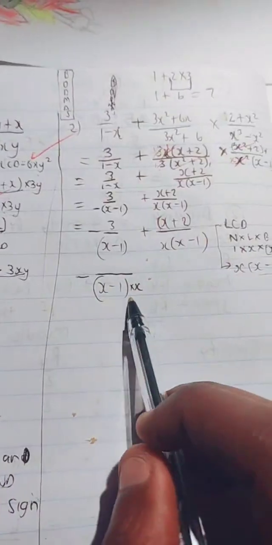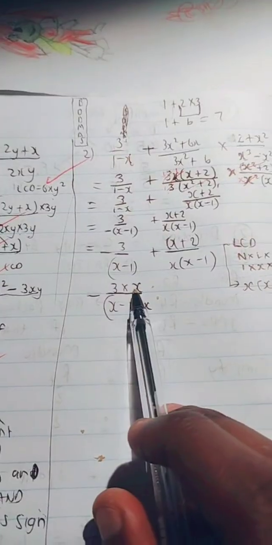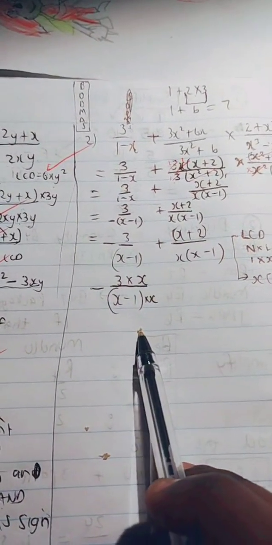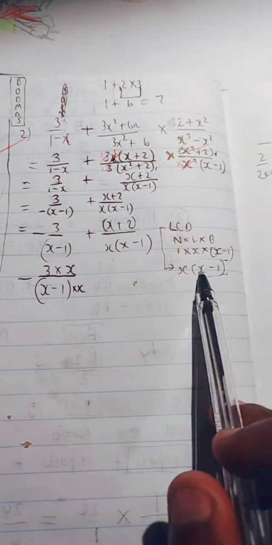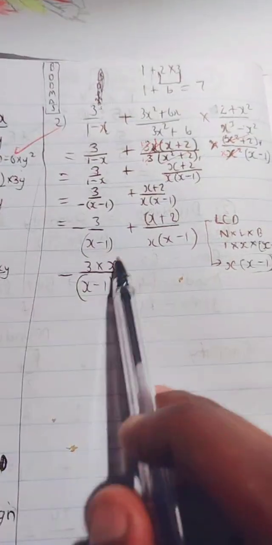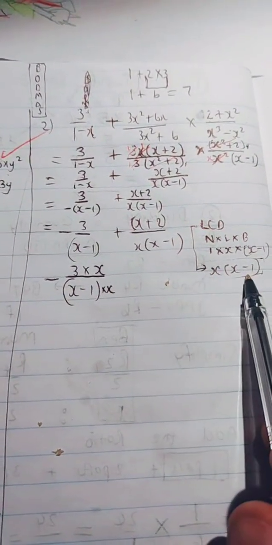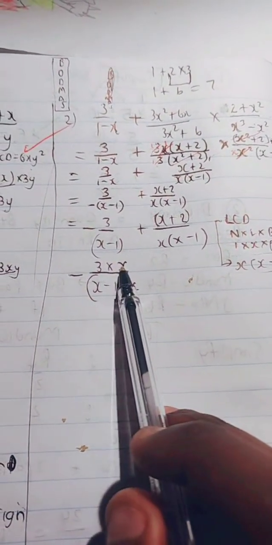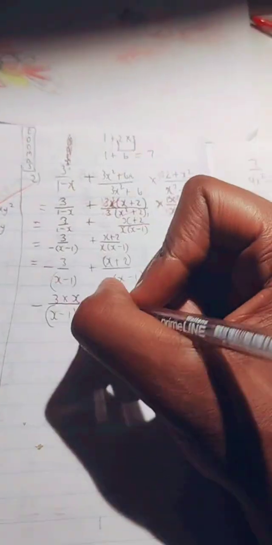But if we multiply by x in the denominator, then in the numerator we also have to multiply by x. This is an equivalent fraction, where the LCD is being used to form an equivalent fraction with the same denominator. We are short with x, we multiply by x, so what we do in the denominator, we do also in the numerator, we multiply by x.